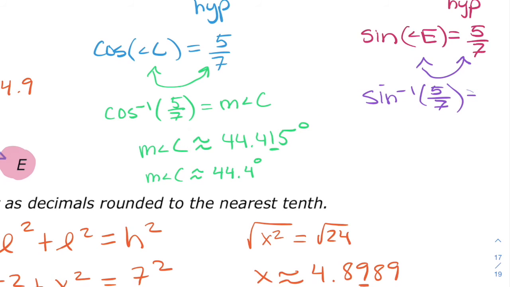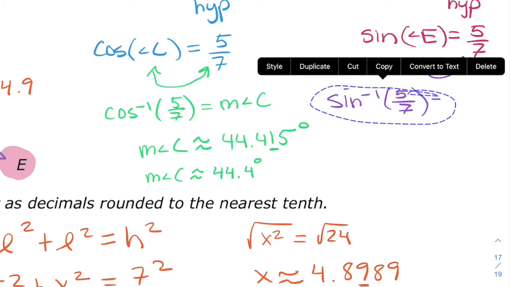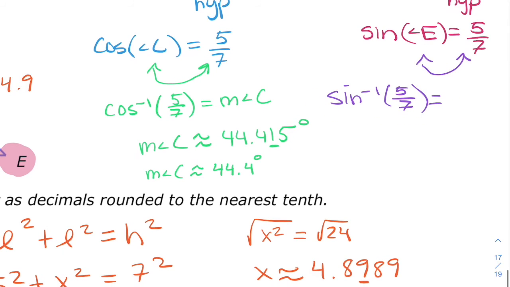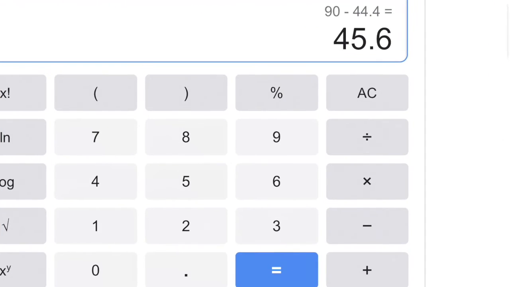Okay, this isn't working well. Let's try that again. Equals the measure of angle E. So the measure of angle E approximately equals sine inverse of 5 divided by 7.